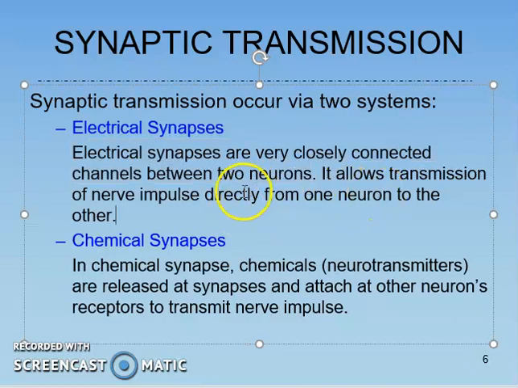It allows transmission of the nerve impulse directly from one neuron to the other. And we know what that nerve impulse is: basically the action potential, the entry of sodium. It means the sodium ions can be transferred directly from one neuron to the next neuron. So that's why we call this electrical transmission.